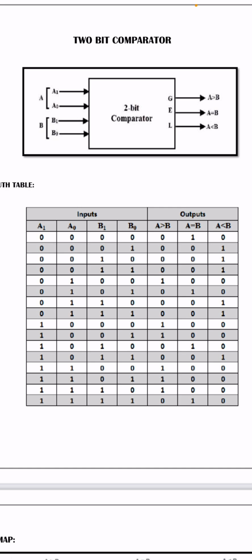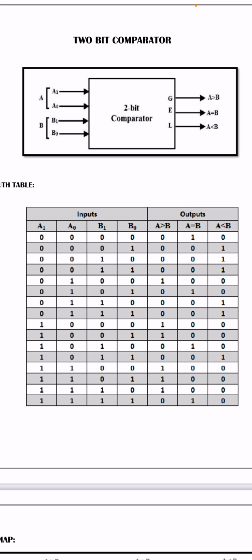On the first row, and now I'm talking about the row, not the column, A1 is 0, A0 is 0, and the same way B1 is 0, B0 is 0. On the output, the third column, A is equal to B, shows that when both inputs A and B are equal, we get 1.